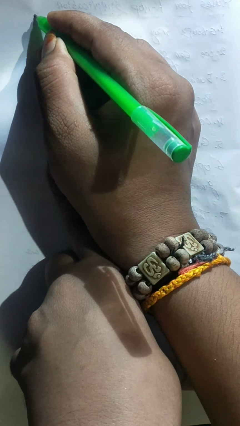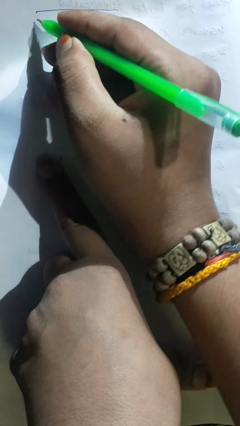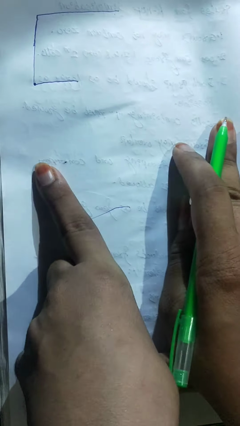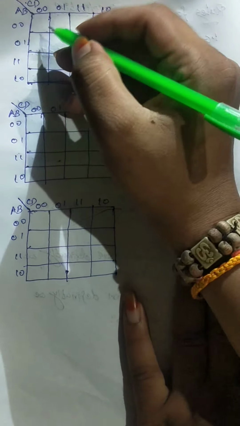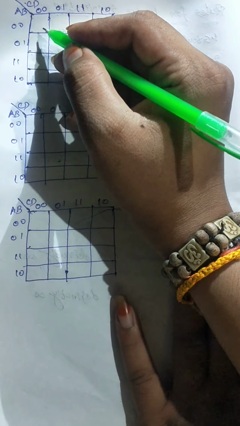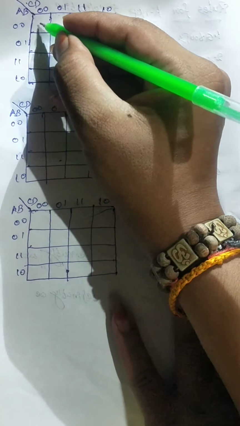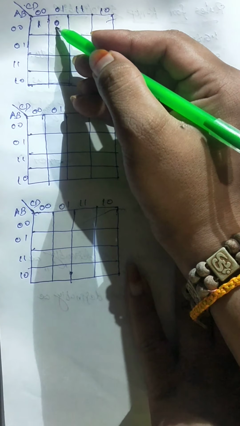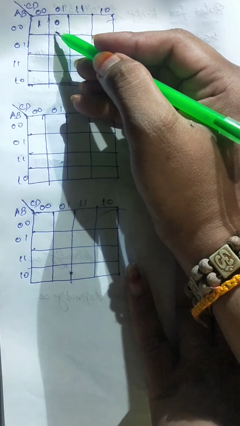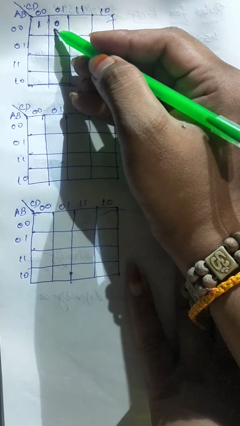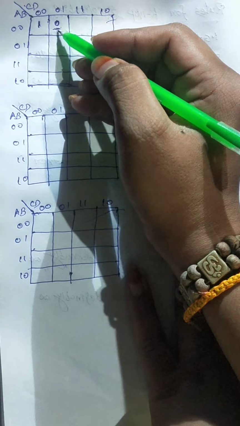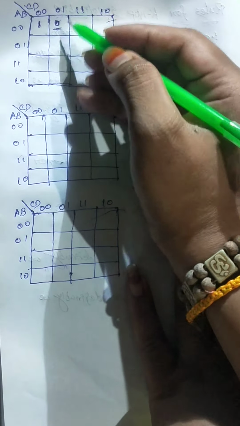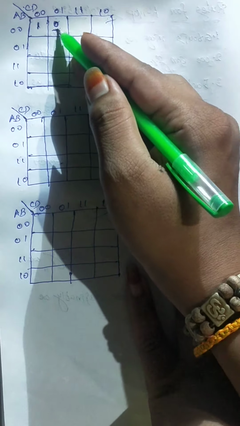Here the cells contain 1 and 0, and the group must contain ones only. Here 0 is present in one of the cells, therefore the 0 will be neglected.